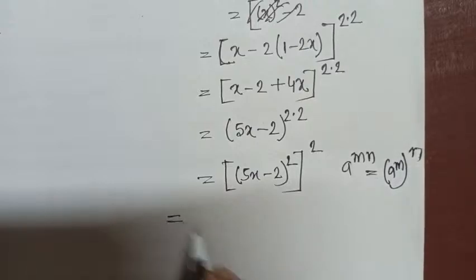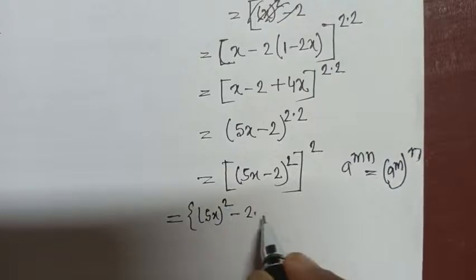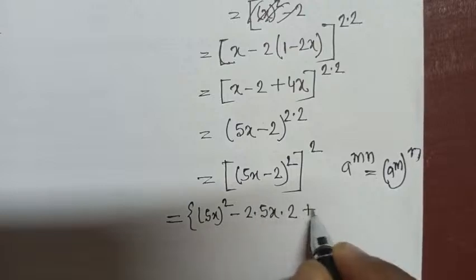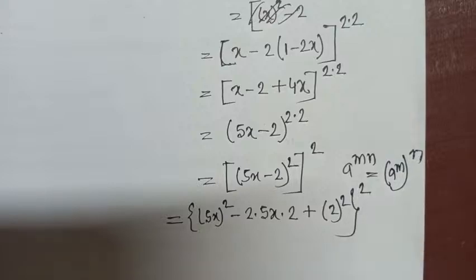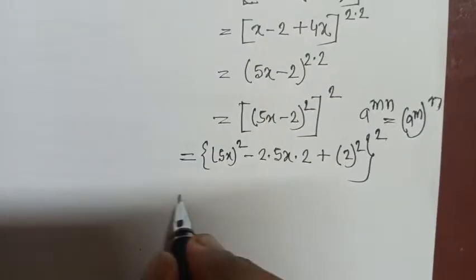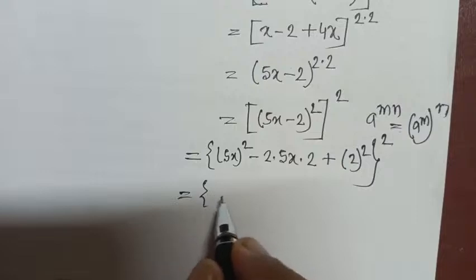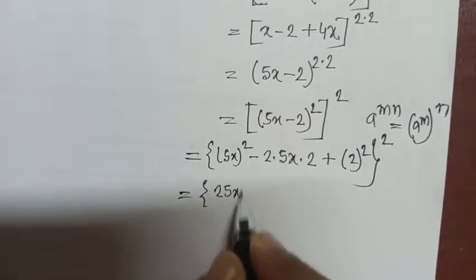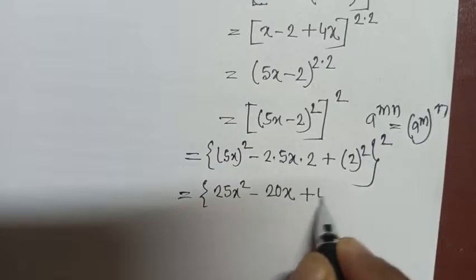So if we break this, we get 5x square minus 2 times 5x times 2 plus 2 square, to the power square. So we can write 25x square minus 20x plus 4.